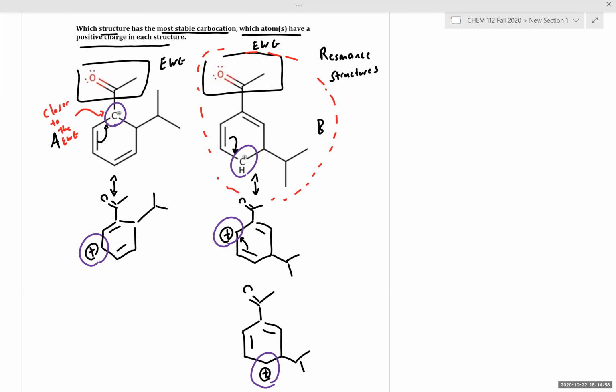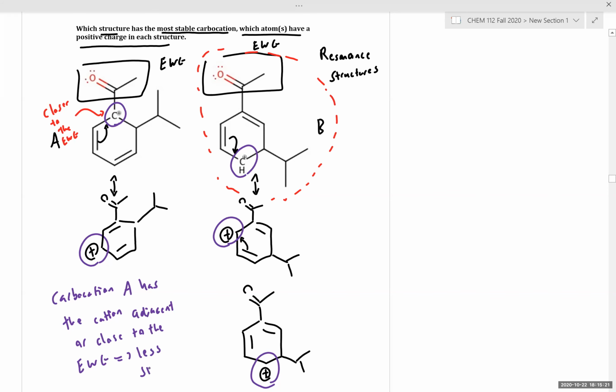A, right? So as we can see, carbocation A has the cation adjacent or close to the electron withdrawing group, which in turn leads to a less stable cation.